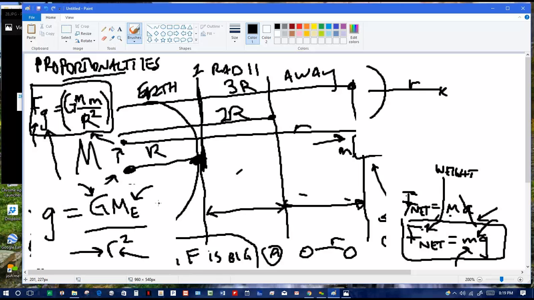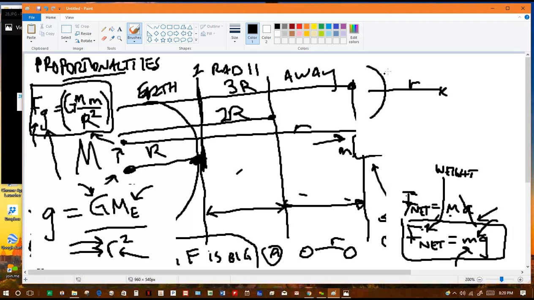Interestingly, if we put in the radius of the Earth, guess what number we'll get? Because how far away are we right now? In my picture, we're right here, right at the surface. And how far away are we from the center of the Earth? Well, that distance is just the radius of the Earth, right?